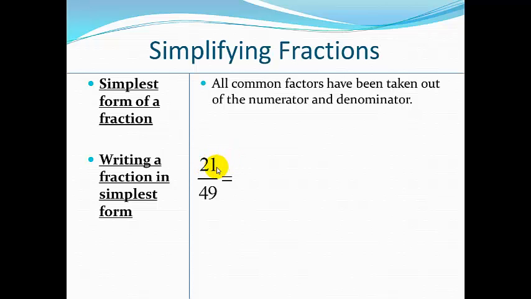So here I have this fraction 21 over 49, or you can say 21/49. And I'm looking to say, okay, 21, I could write that as 3 times 7 over 7 times 7. So I want to take out, notice this common factor.